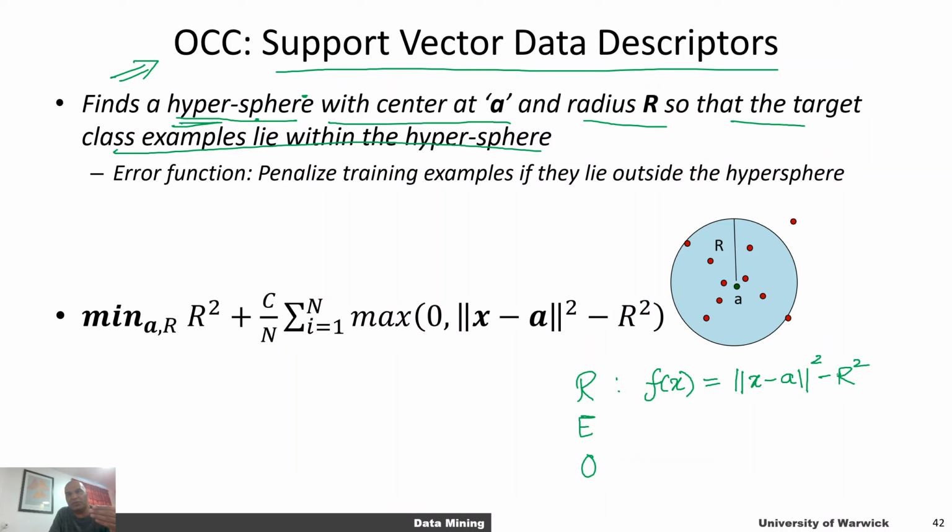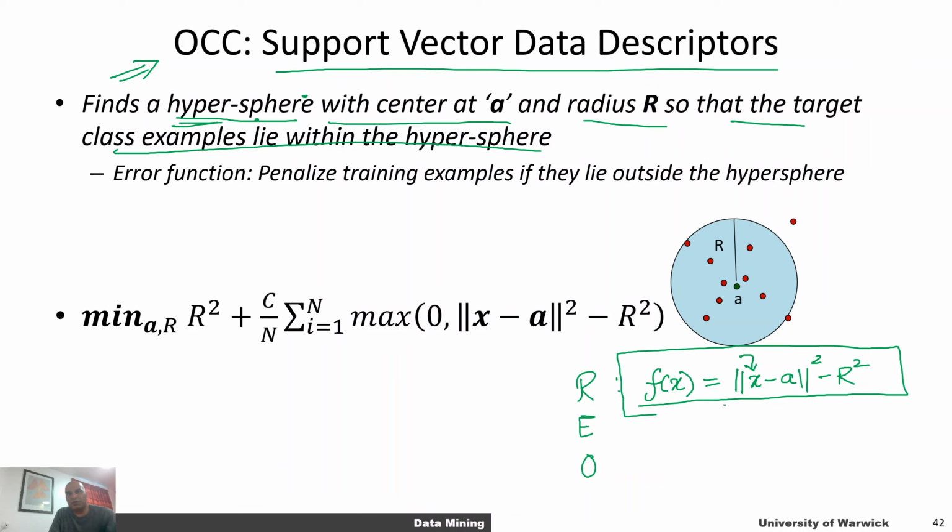So f of x is going to be greater than 0 if this point x lies within the sphere of radius r centered at A, and it's going to be less than 0 if x lies outside of that sphere. That is the representation for this particular classifier.